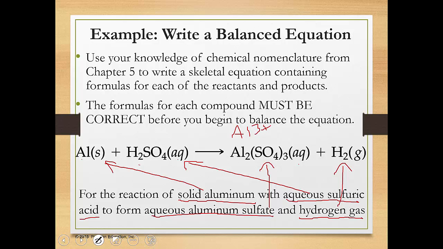It's fixed charge. Sulfate, SO4, is a 2-, so we had to have 2 of the aluminums, 2 times the 3+ to get 6+, 3 of the sulfates times the 2- to get 6- so that it balances out. So we know that formula is good. And then it's remembering that hydrogen gas is one of those diatomic molecules. All right, so there's our skeletal equation that we're going to start with.